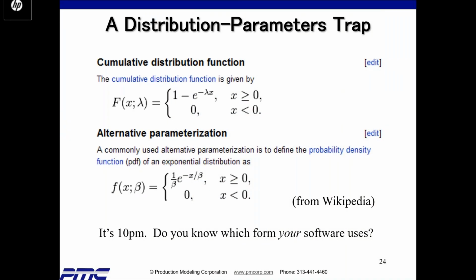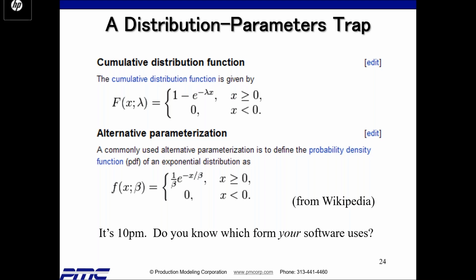And here, at a level of detail, is one quick example on the road to ruin. Even a distribution as basic and common as the exponential has two different forms depending on which textbook you use, which software you use, which reference table you use, and so forth.